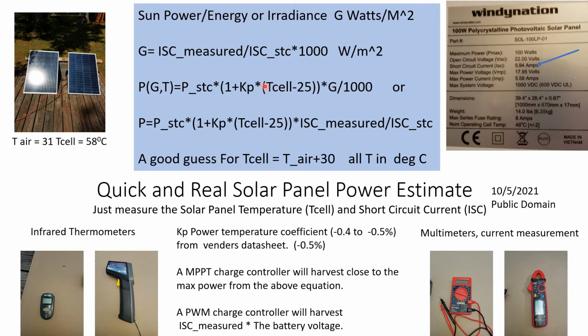The reference temperature for STC is 25 degrees C. The reference irradiance for the standard test condition is 1,000 watts per meter squared. And what we are going to do is always do a temperature correction first, and then we're going to correct or adjust for the real life solar irradiance that is occurring right now.